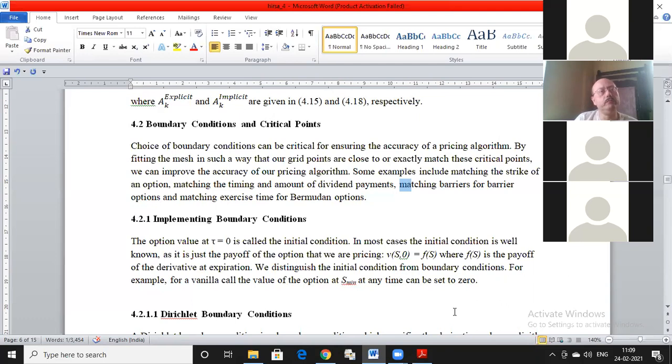If I have a long-lived option and there are dividends that are going to be announced on the underlying stock during the lifetime of the option, then I also want to match the dividend timings with the grid. Or in other words, I want to move my grid so that the dividend timings are exactly covered.